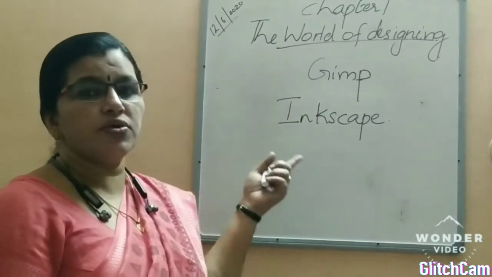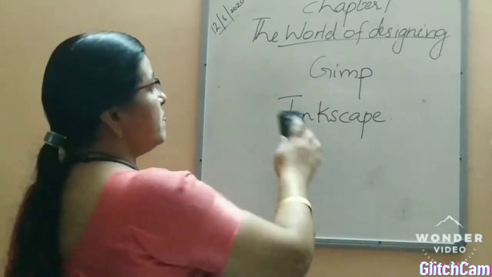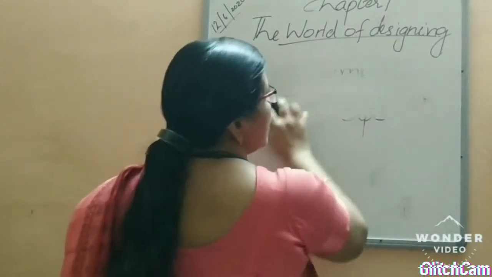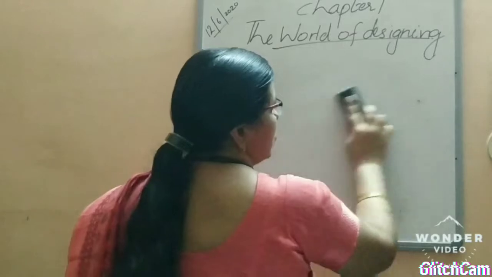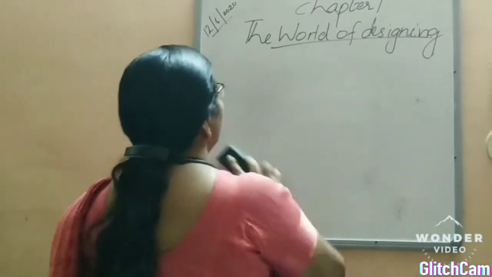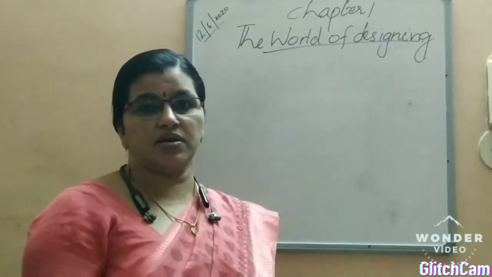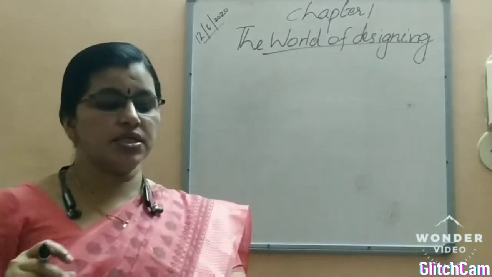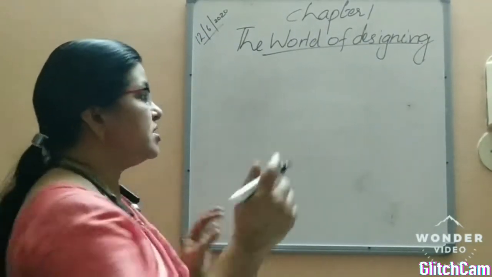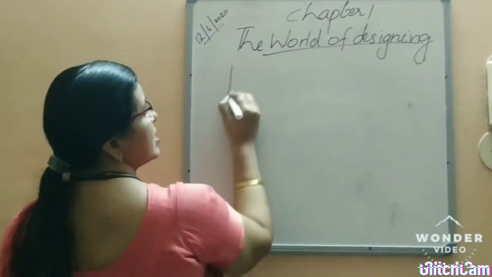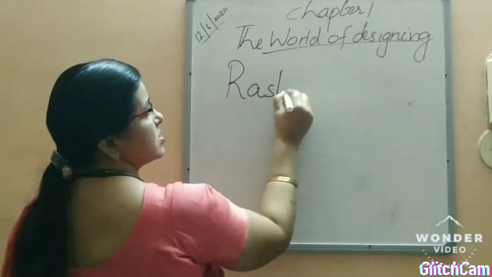The image produced is different. So what we are going to learn is, in computer or internet, everywhere, the images are stored in two ways, that is raster image and vector image.